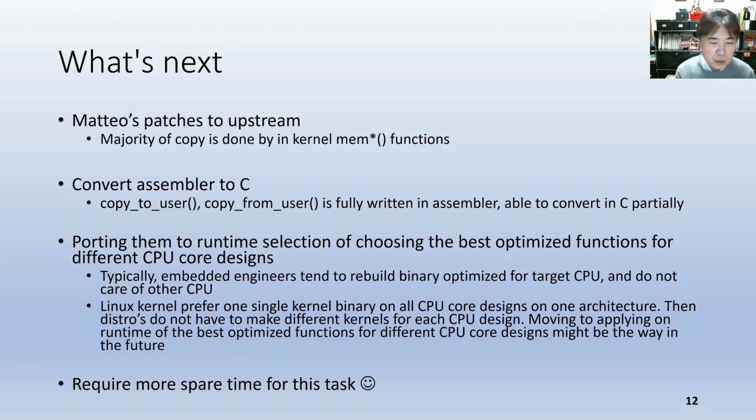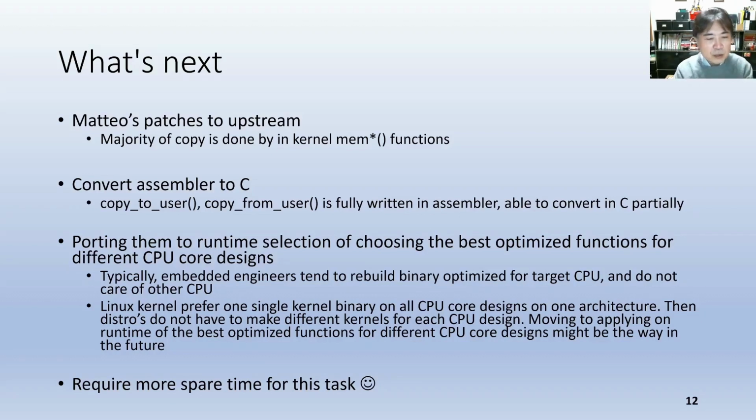If the out-of-order core can reorder by itself, the optimized copy function could be without unrolled loops. So it all depends on the CPU design.